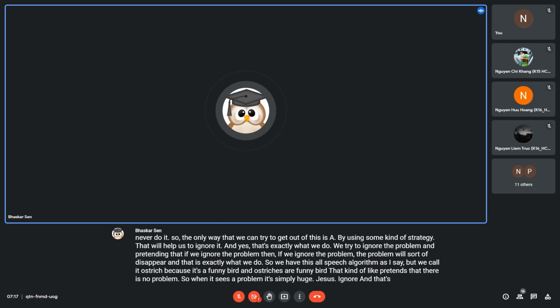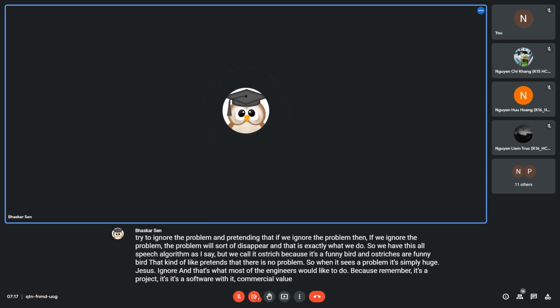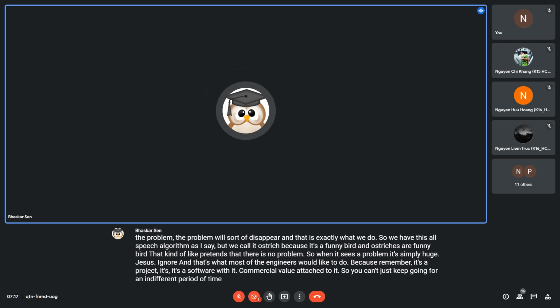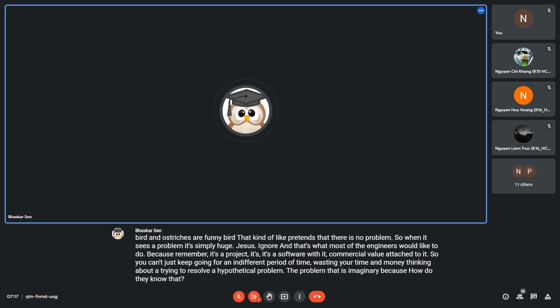So when it sees a problem, it simply chooses to ignore. And that's what most of the engineers like to do because remember, it's a software project with a commercial value attached to it. So you can't just keep going for an indefinite period of time, wasting your time and money trying to resolve a hypothetical problem, a problem that is imaginary. Because how do they know where exactly the problem will be coming from?